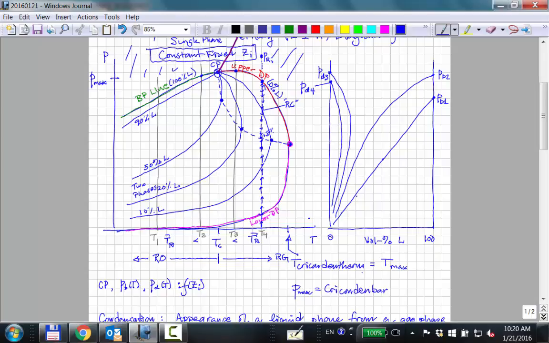And so the final curve I'm going to show is if we had taken it at the critical temperature. At the critical temperature, the pressure is somewhere between those. So it's going to be something like this.